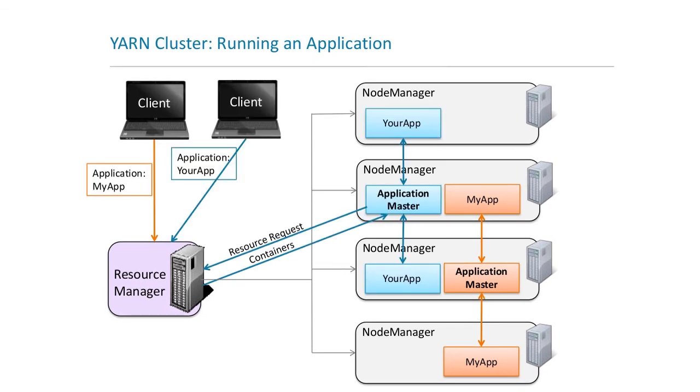If a second client comes in and says, I want to run this other MapReduce task, the process is repeated again. The resource manager finds an application master which runs the second MapReduce task using other containers. I already explained the concept of containers to you in the last lecture.